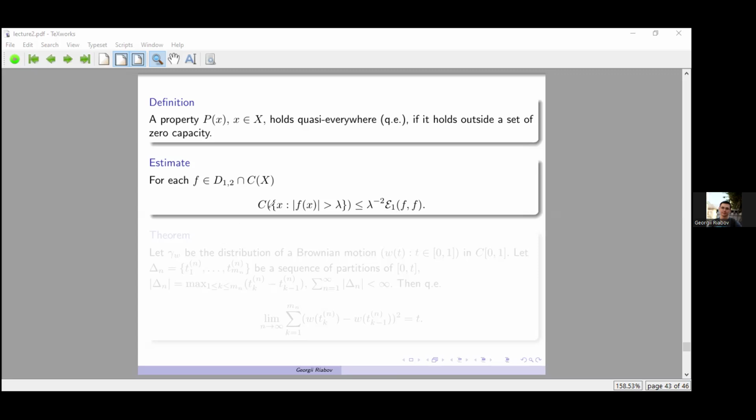Indeed, this is an open set U, and if we take the absolute value of f and divide it by lambda, then this function will be bigger than 1 on the set U. Yes, because on the set U, f is bigger than lambda, so f over lambda will be bigger than 1.